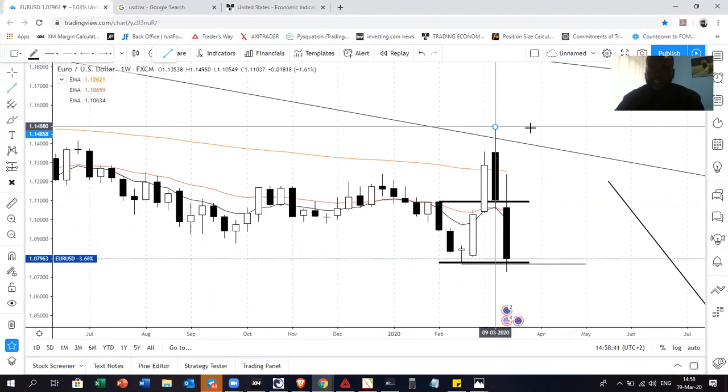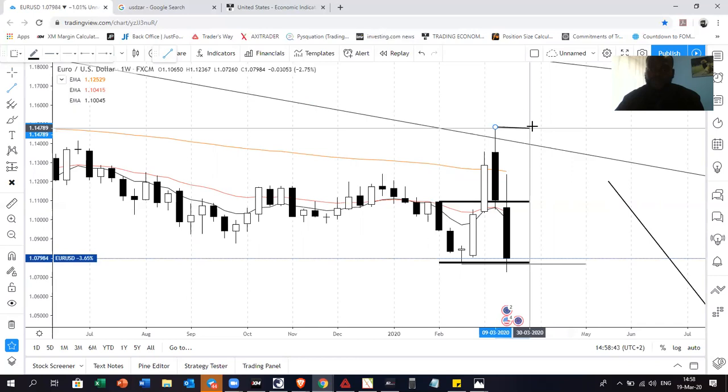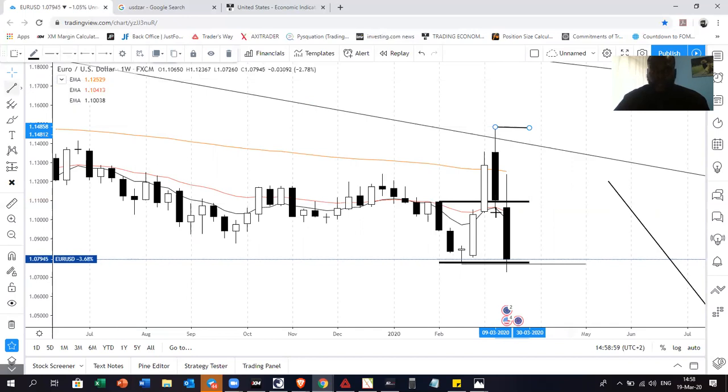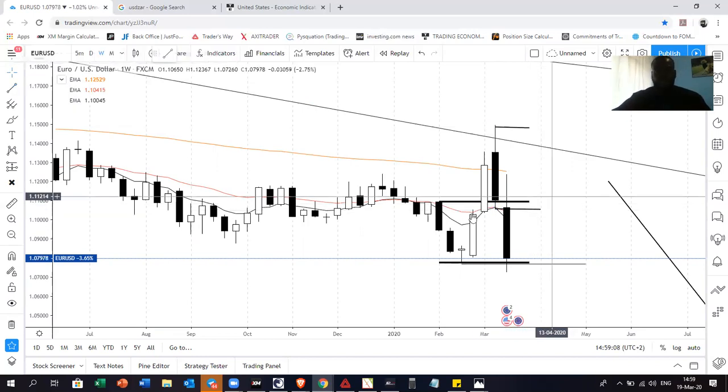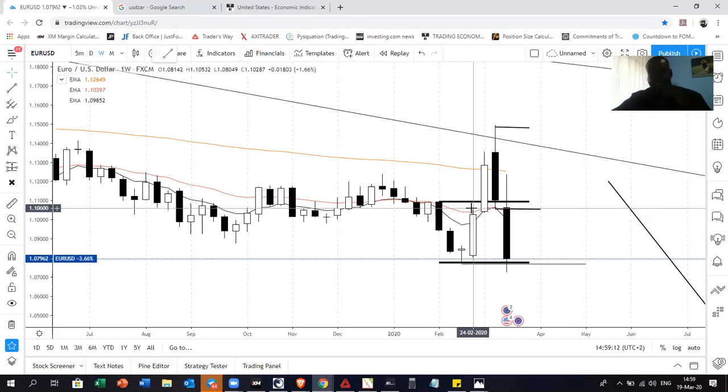I'm identifying last week's high and I'm identifying last week's low. Where we at with it? Right? Last week's low. Sweet. Right? Last week's low was 1060, and we've already broken that.